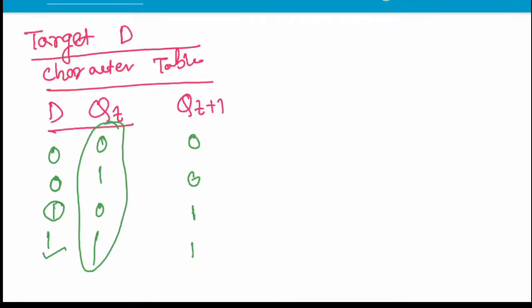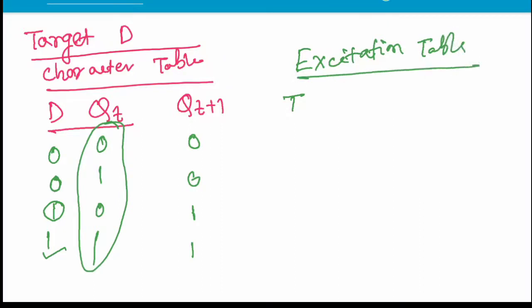So for the T input, we have to write down the excitation table. How can this be used? When we have to use the toggle, that means when 0 to 0, this is not toggling.